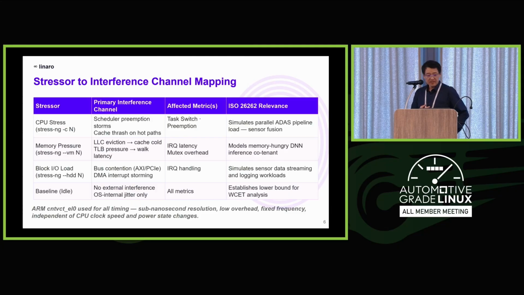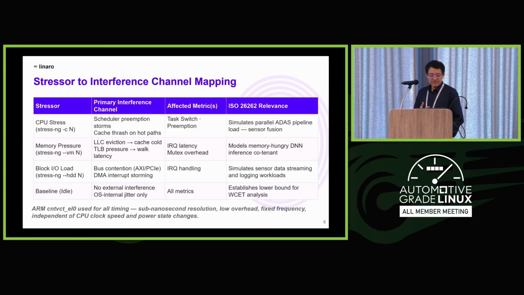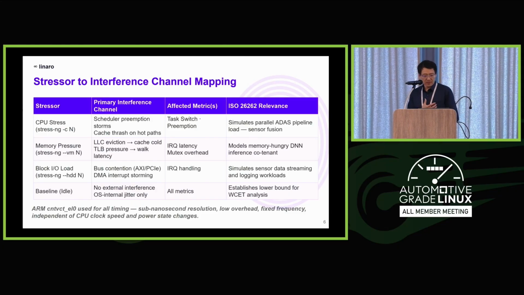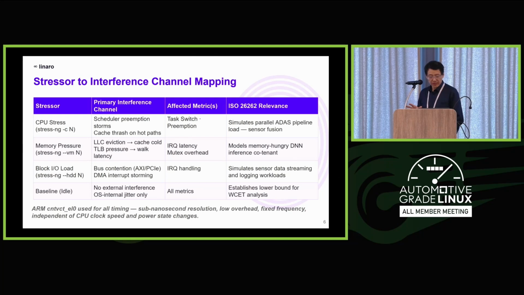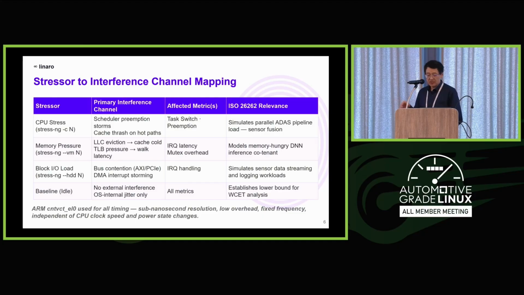Say, for example, if there is a CPU stressor, the potential interference channel could be scheduler preemption and cache contention on the hot path. In the case of memory pressure from the noisy neighbor, it could be something like last level cache eviction and also TLB pressure, right? So this is a kind of noise.